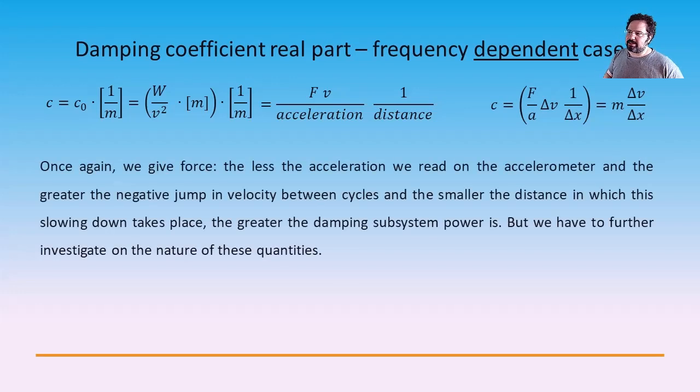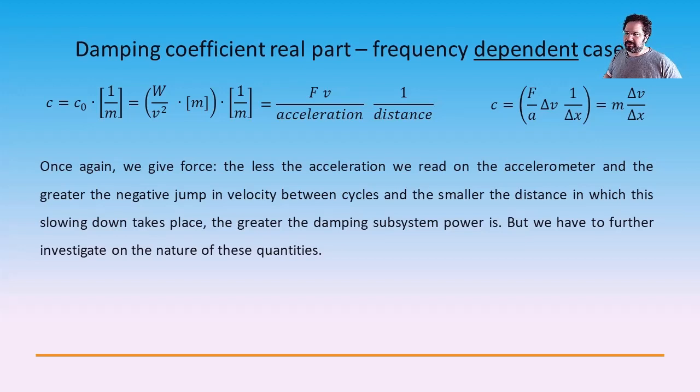Once again, we give force, the less the acceleration we read on the accelerometer and the greater the negative jump in velocity between cycles, and the smaller the distance or displacement in which this slowing down takes place, the greater the damping subsystem power is.